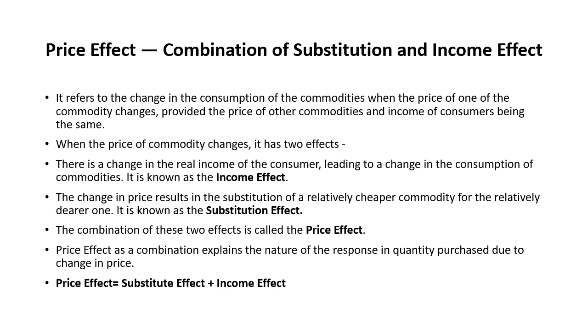It says the change in price results in substitution of a relatively cheaper commodity for the relatively dearer one, and it is known as substitution effect. Now when we combine the income and substitution effect, which affects the demand of the person definitely, so demand is somewhere related to the price, hence price effect comprises of these two effects, that is income and substitution effect.